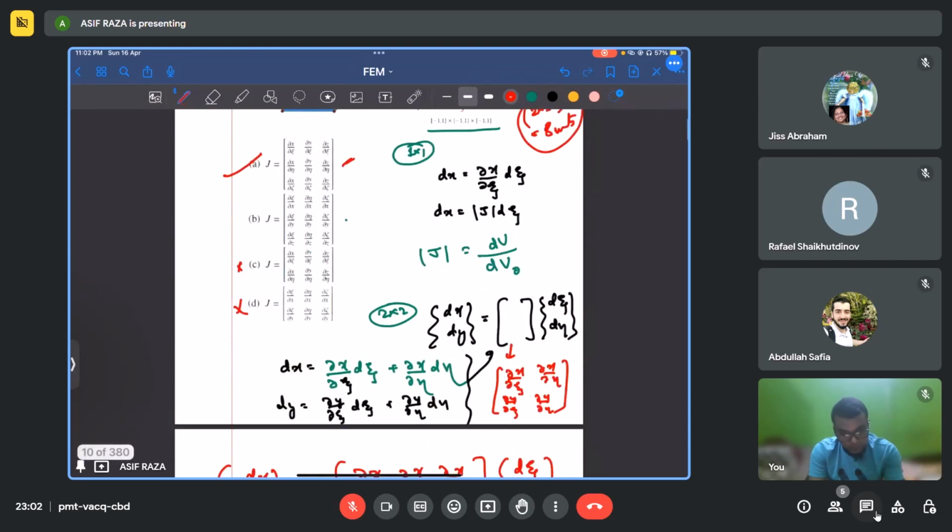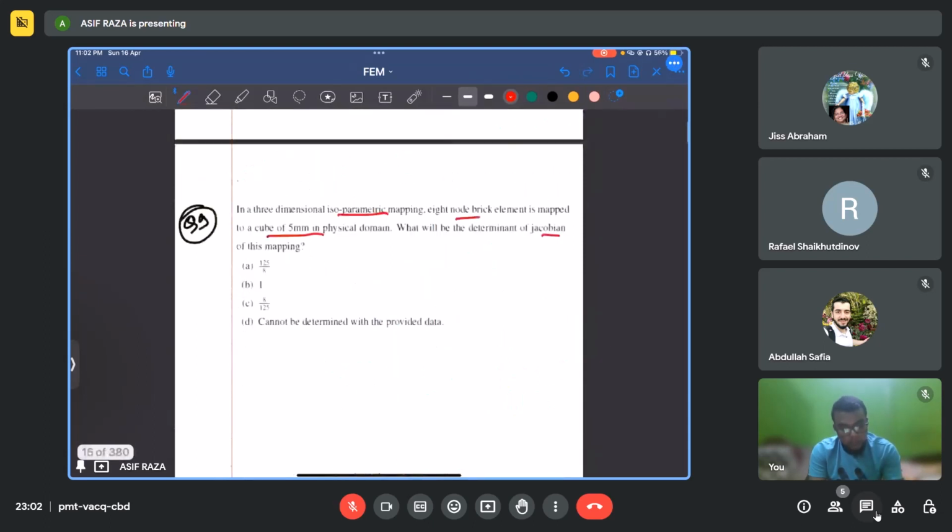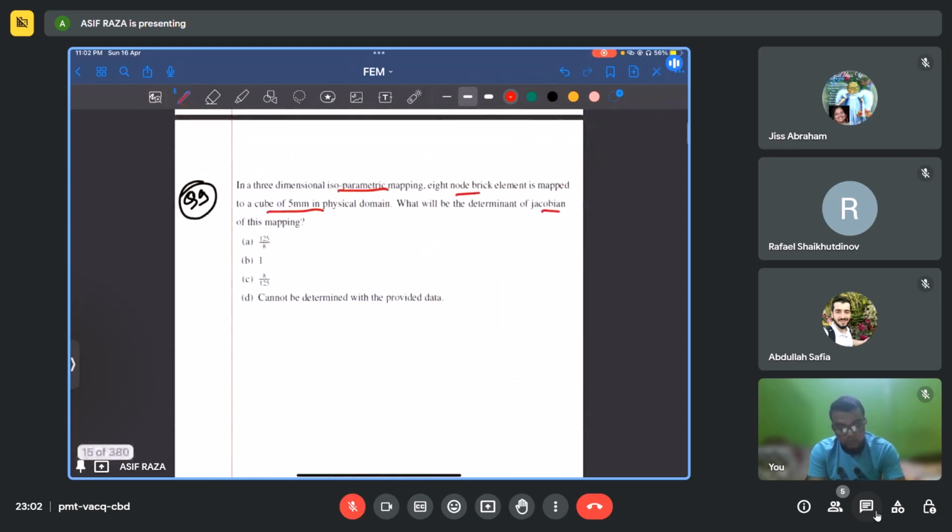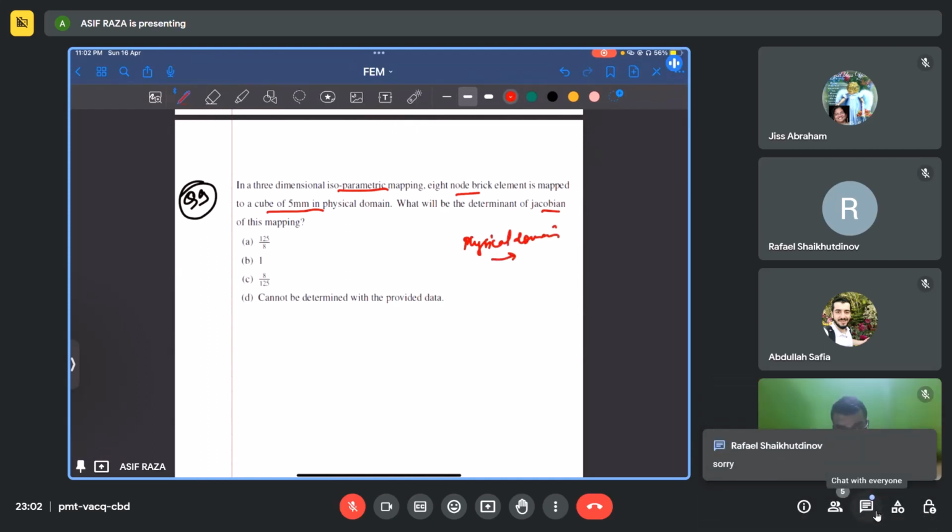In this question number 9, an 8-node brick element is mapped to a cube of 5 mm in physical domain. So the physical domain has a value given as 5 mm. Cube of 5 mm, so volume would be what? 125 mm cube.